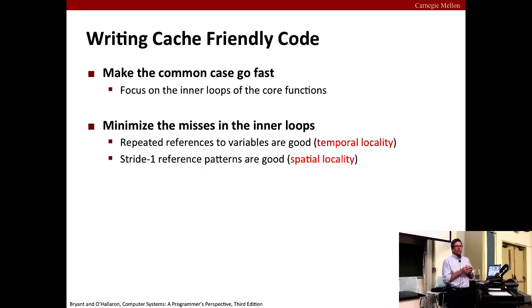Because if you're doing stride 1 references, the first reference to a word in a block will miss, but then subsequent references will hit. If you're doing a stride 1 reference, you're going to hit every word in that block. If you're doing stride 2 references, you're only going to hit every other word. So you'll miss at twice the rate.